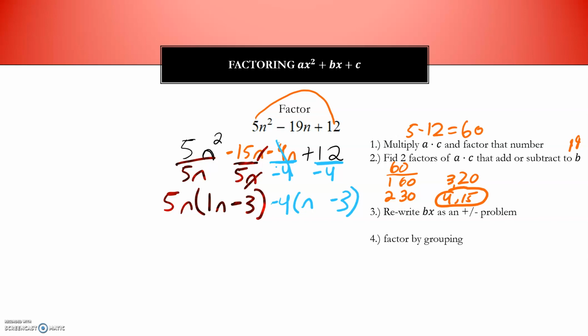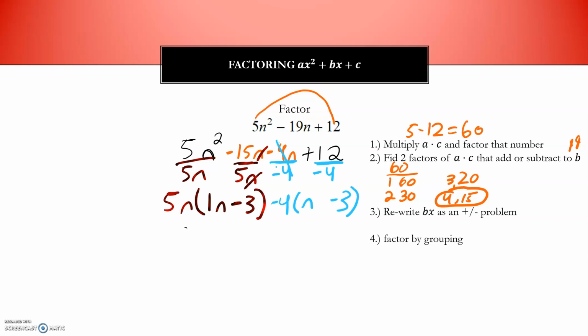Is 5n times n minus 3 5n squared minus 15n? Yes, I did that correctly. Is negative 4 times n minus 3 negative 4n plus 12? Yes, I did that correctly. So again, as long as you can go from the step you are at to the step you had before, you have done it correctly.